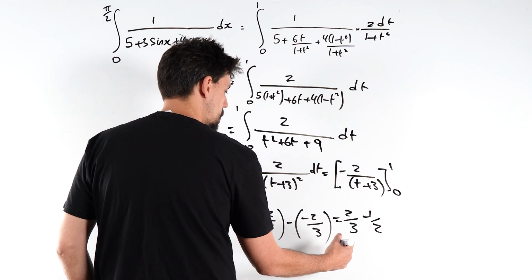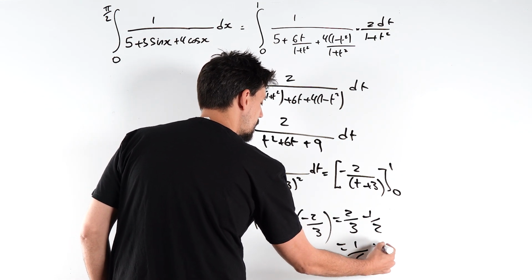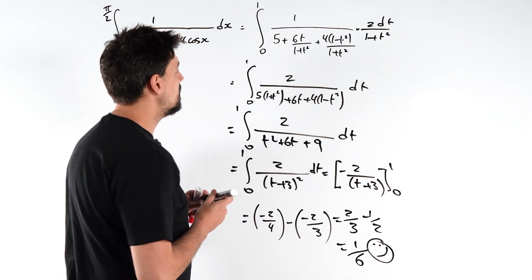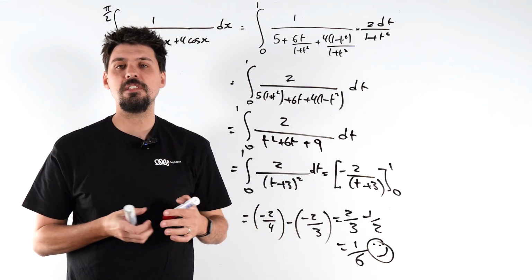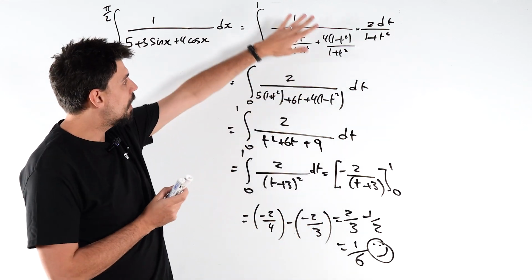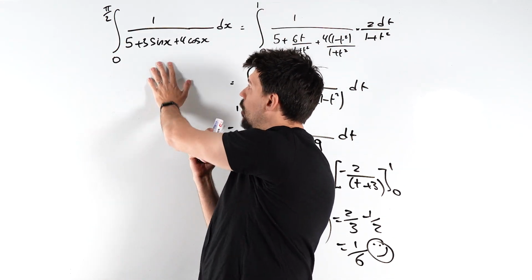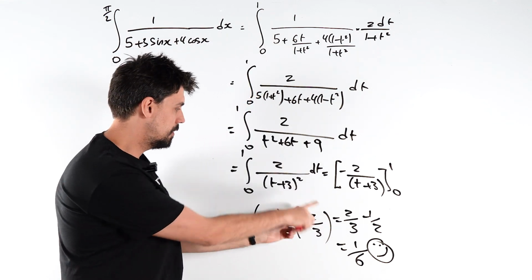That'll be 6ths, won't it? 4/6 minus 3/6. It's 1/6. Of course it's 1/6. Et voila! Which is where that lovely t substitution, also known as the Weierstrass substitution, will help us go from horrible to nice.